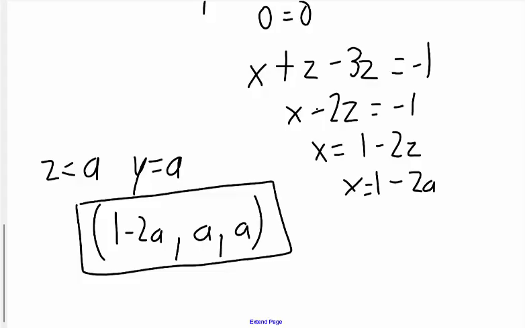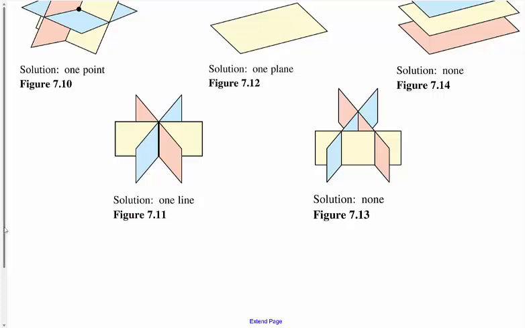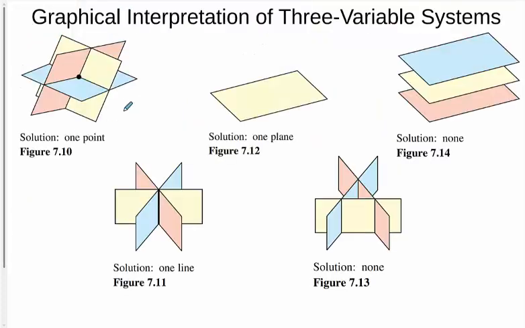Okay? So let's look at some geometric representations here. These are the possible interpretations. We can have solutions in one point, like this one. They can all be the same equation, one plane. They can have no solution, and they can be parallel planes, like this.